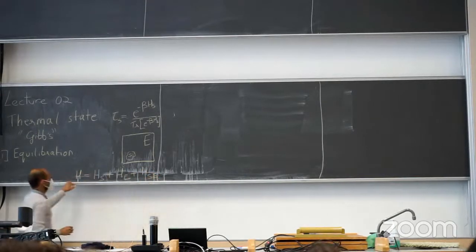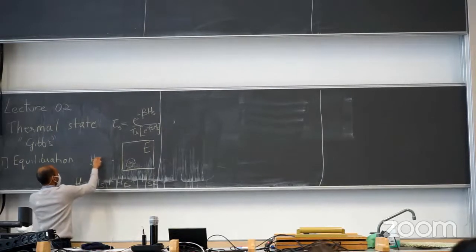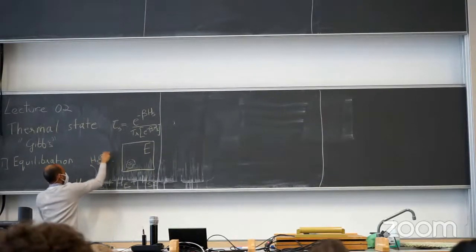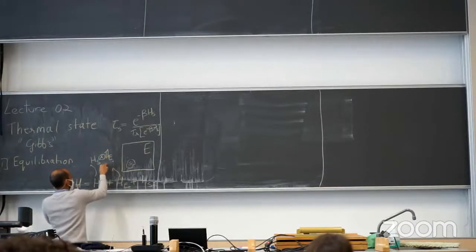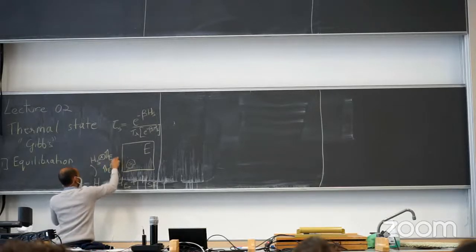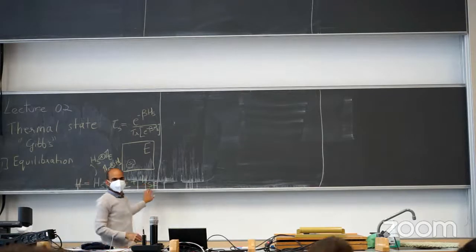Now, when I write HS, what I mean is HS tensor identity on the environment. And when I write HE, I mean identity on the system tensor HE. I don't need to do this for HSE because I am assuming that it is an operator on both the spaces.